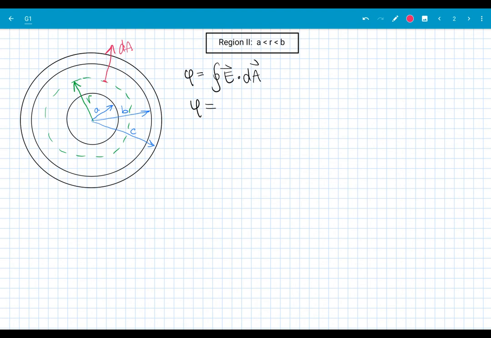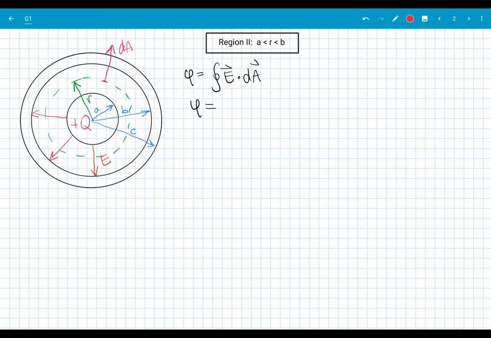And now for E, I need to think about what is the direction of the E field in this region. Well, if that inner styrofoam ball is a big positive charge, which I know it is, we were told that it's a big positive Q in there, and this outer shell is neutral, then I know very well that my electric field is going to look like this in this region. My electric field is going to be going from the styrofoam ball everywhere in this region.